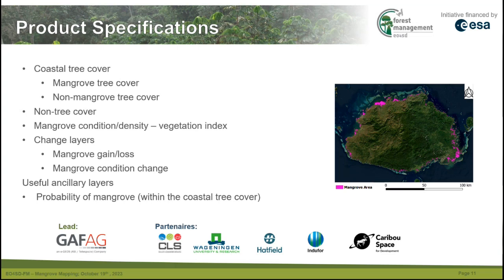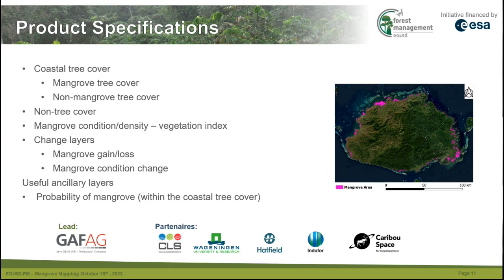We also produce a mangrove condition or density product. That's based on a fairly simple approach using vegetation indices. With the data that we generate on an annual basis, we can produce mangrove gain and loss data and change in mangrove condition.